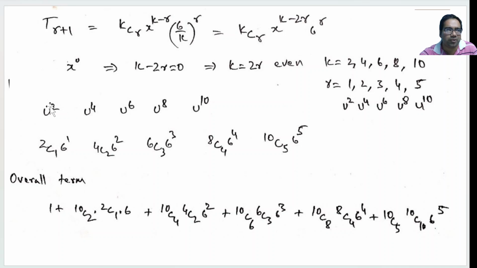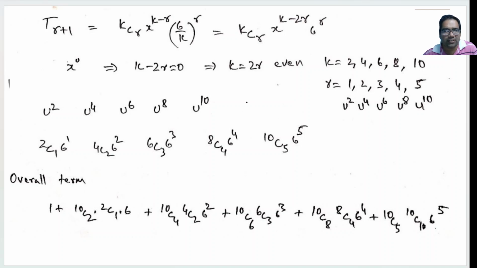In case of u square, what is k? K is u raised to the power k, right? So only in case of u square, u power 4, u power 6, u power 8, u power 10, we will find terms independent of x. What is u? u is x plus 6 by x.